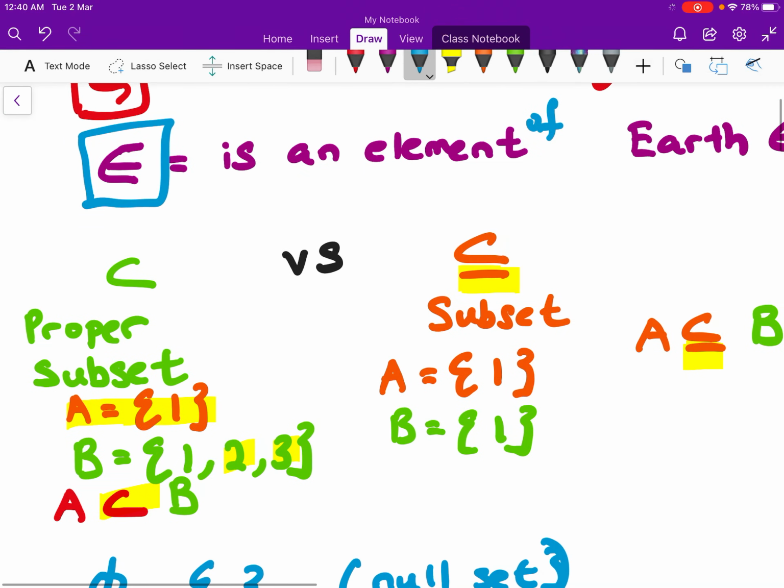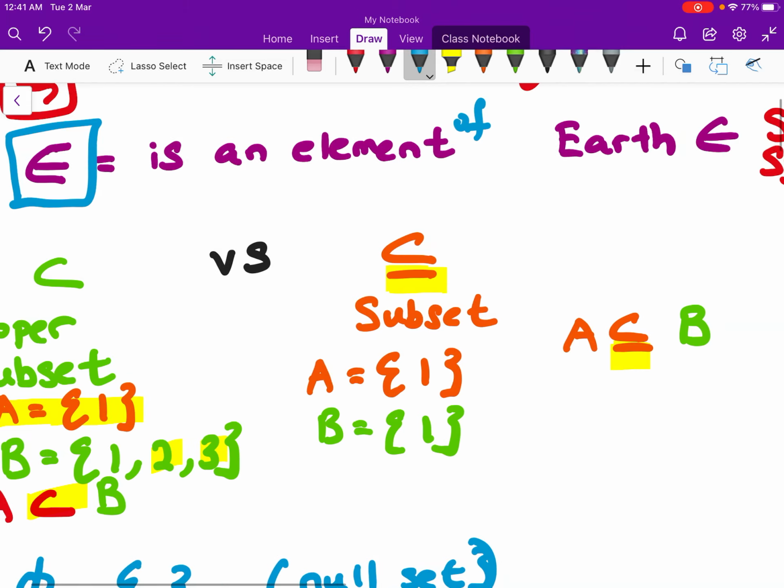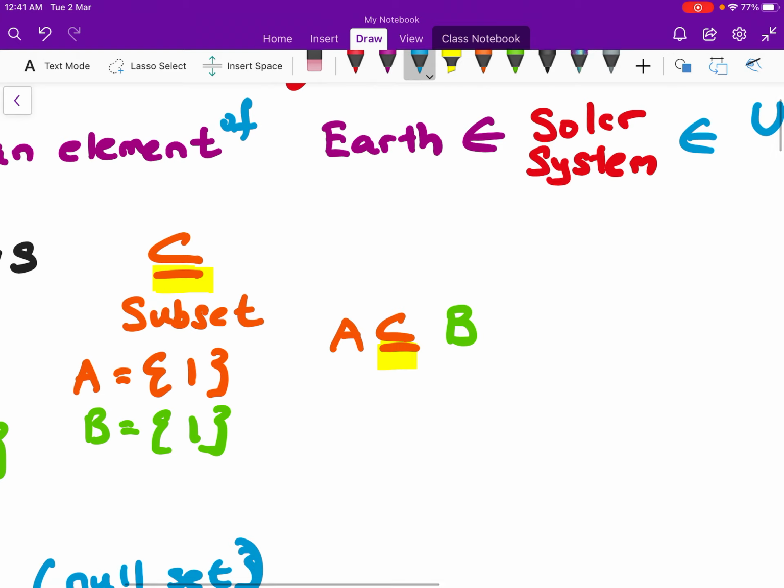Number three is a more difficult one, what we call the proper subset and the subset. You can see there's a subtle difference: one has a horizontal line, one has no horizontal line. Let's look at this orange symbol. This is what we call a subset. Say you are given A is equal to {1}, B is equal to {1}.